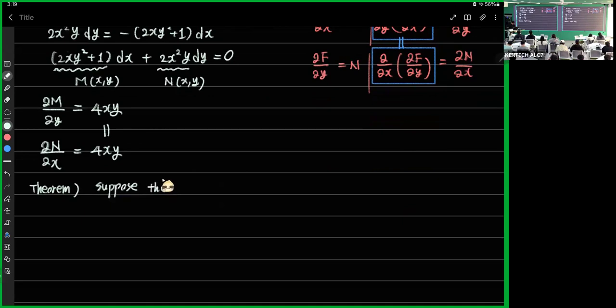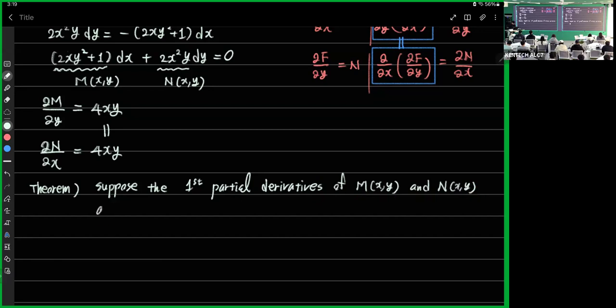Suppose first the partial derivatives, M(x,y) and N(x,y), are continuous in a rectangle R. Let's say R like this.